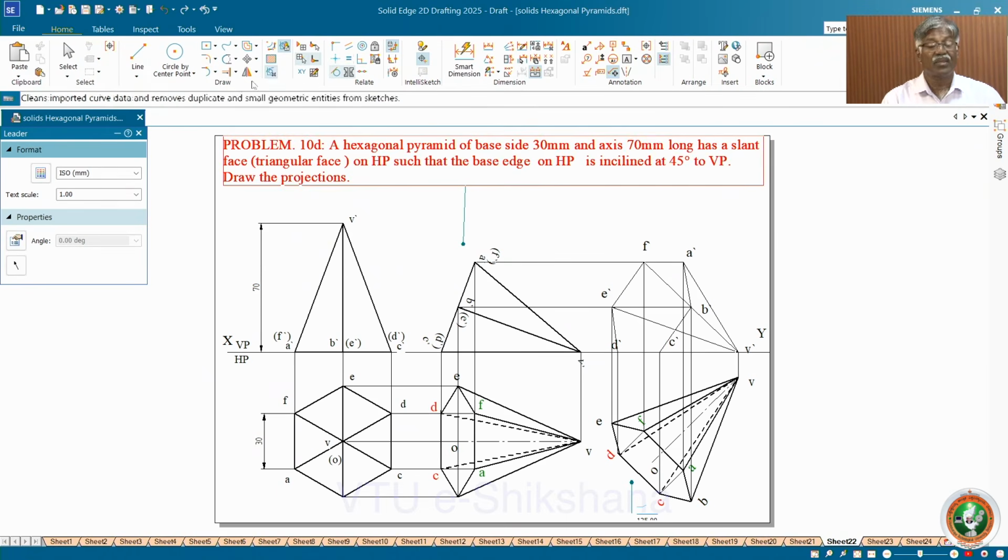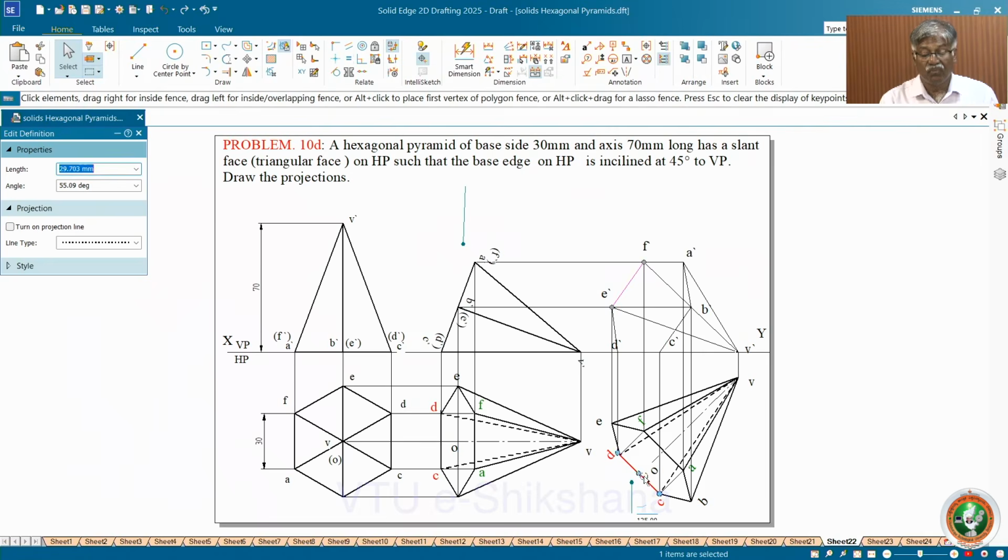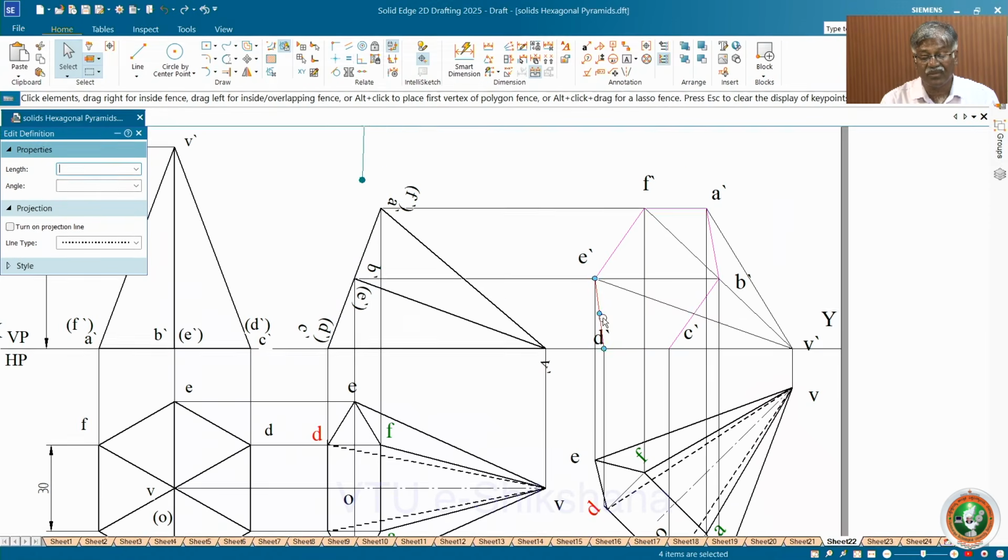Visibility concept. Take this. The base is near to the observer. It is visible in the top view as well as in the front view, because the face is facing the observer. Now take this and darken all these points, lines, edges. All base edges are visible. All base edges are visible.